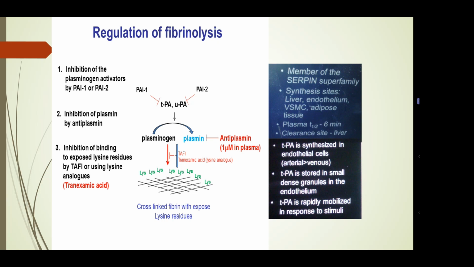And there are also regulations to stop the lysis of the clot that is formed at a certain limit. So it's a highly complex control mechanism. And some products of it are used in the evaluation of some disease conditions.